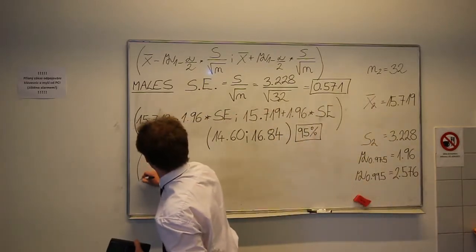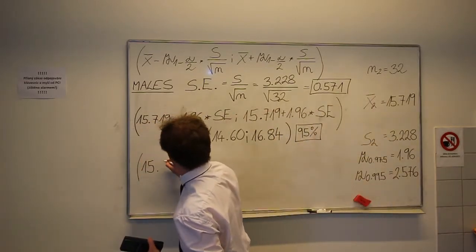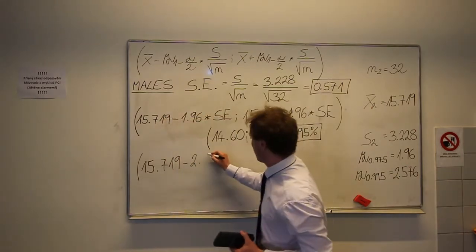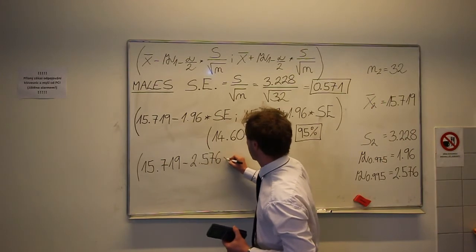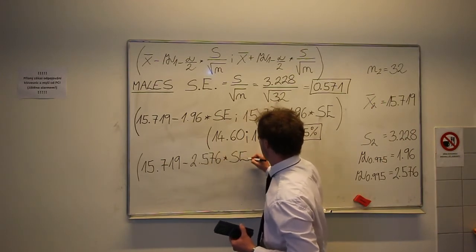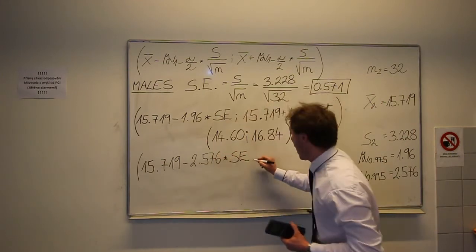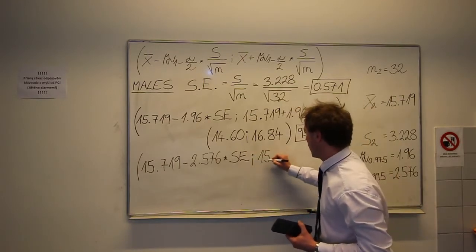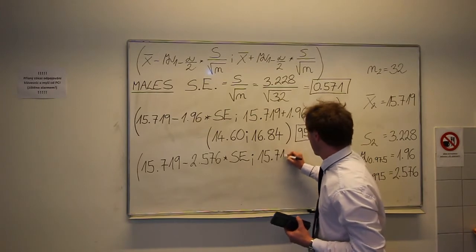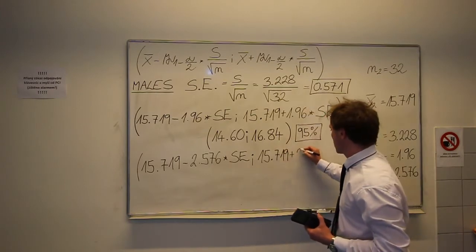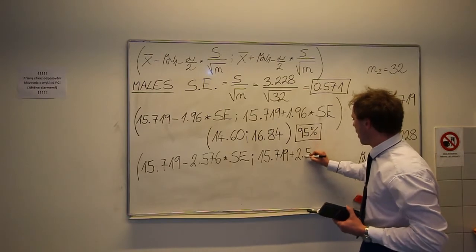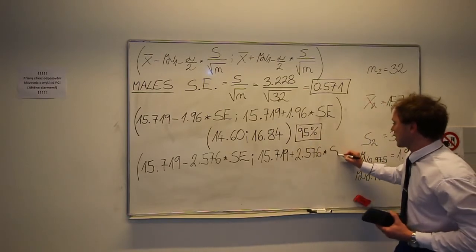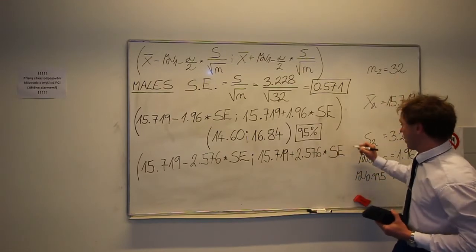So there will be 15.719 minus 2.576 times sample error, and the right side 15.719 plus 2.576 times sample error.